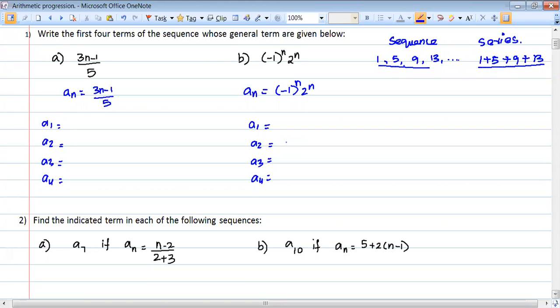You need not mention A1, A2, A3, A4 in your answer. While sending the answer to me, just write the numbers using commas, then I can understand. No need to write A1 is equal to something. Send the answers fast.